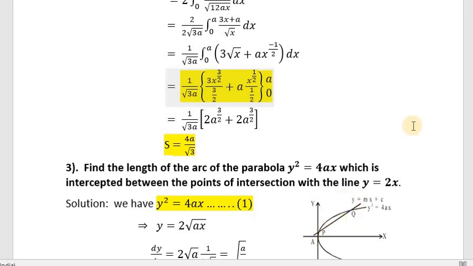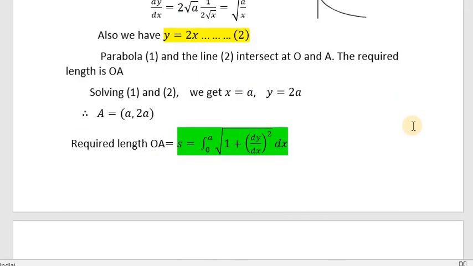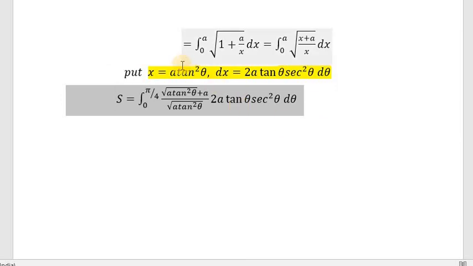So put x is equal to 0 in this equation. So we get x is equal to 0 means theta is also equal to 0. Then substitute a in this equation in the place of x. So we get a is equal to a tan square theta. A gets cancelled. Tan square theta is equal to 1 means tan theta is equal to 1. So that value is equal to pi by 4.